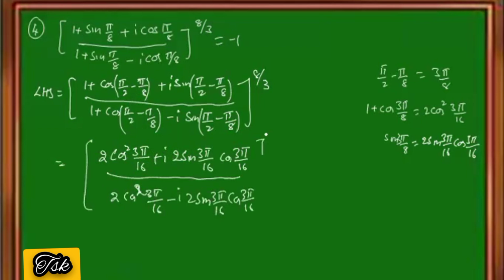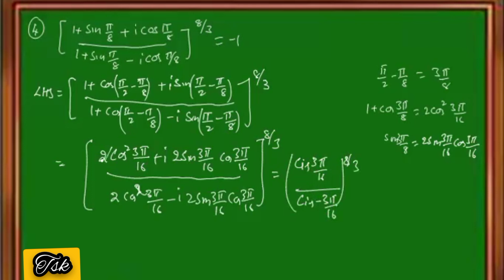So in it you can take 2 cos 3 pi by 16 common and then cancel. Remaining is cos 3 pi by 16 plus i sin 3 pi by 16, which is cis 3 pi by 16. Denominator is cis minus 3 pi by 16, whole to the power of 8 by 3.